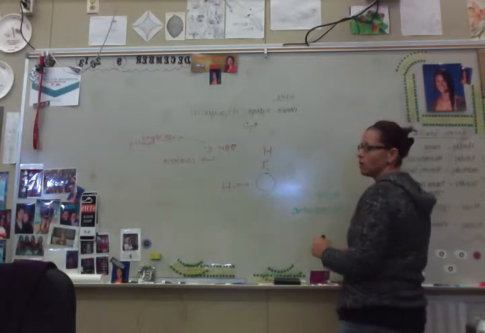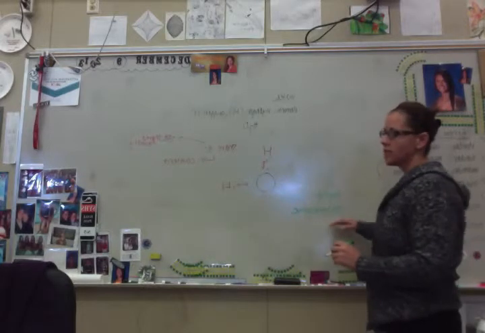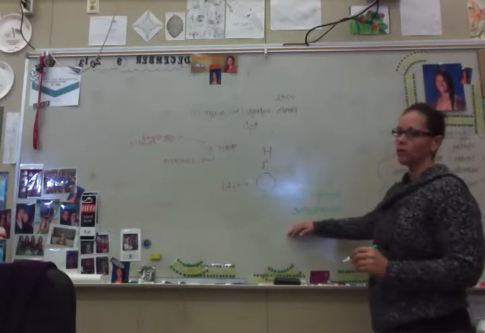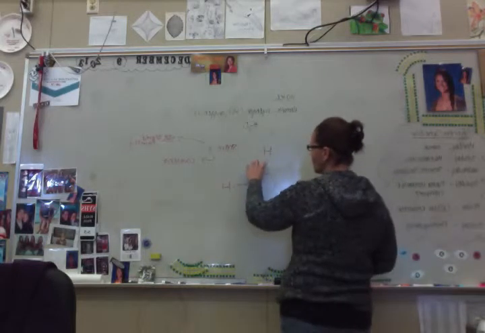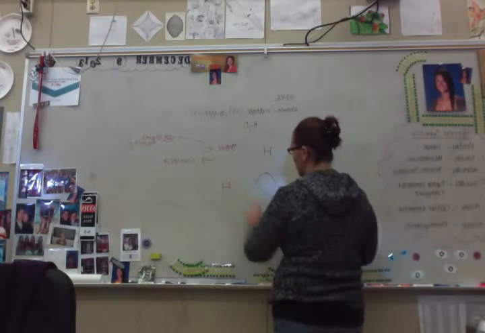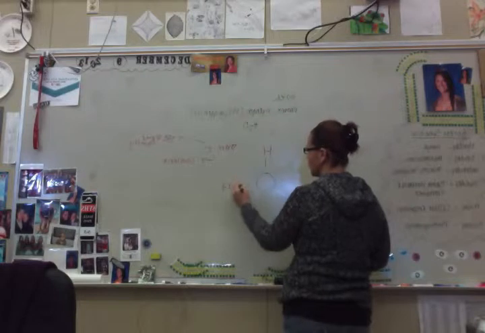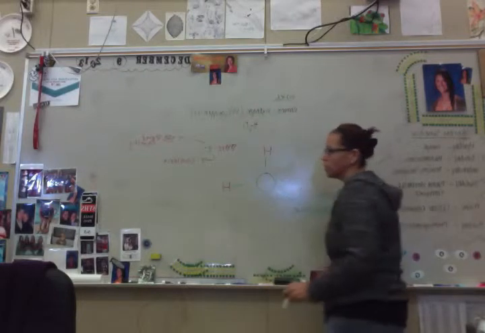Because it has a high electronegativity, which means a high ability to pull electrons closer to it, instead of the electrons being in the middle, the electrons are closer to oxygen than they are to hydrogen. Even though they're still being shared, they're closer to the oxygen. So this is called what?